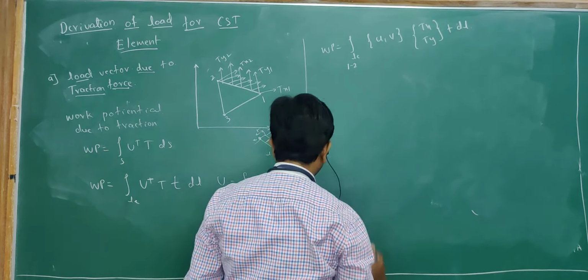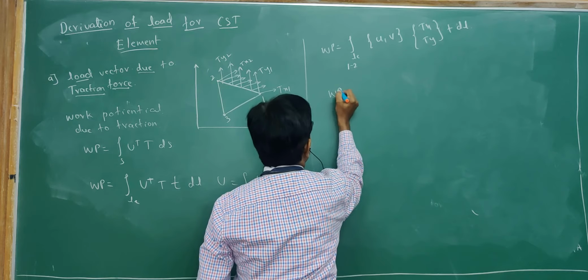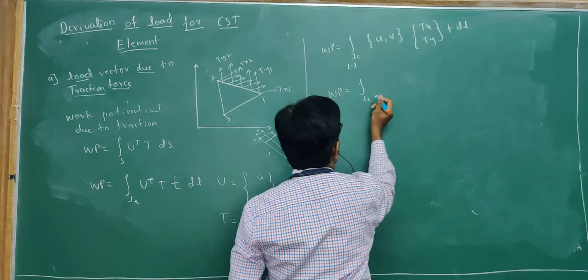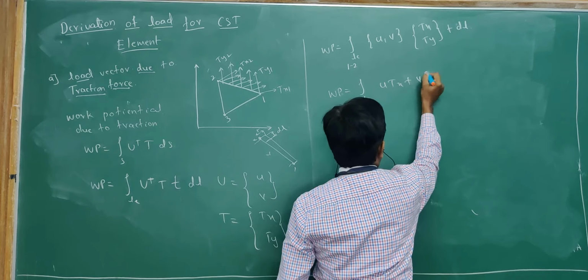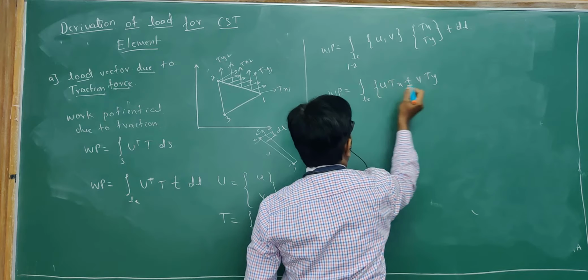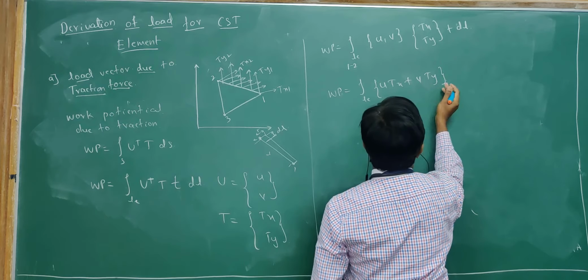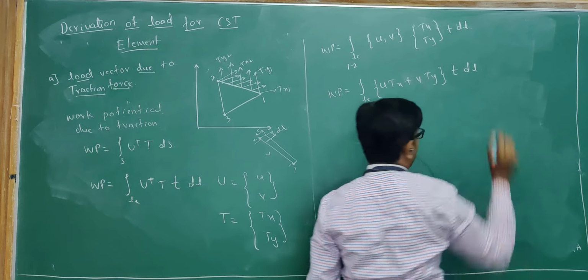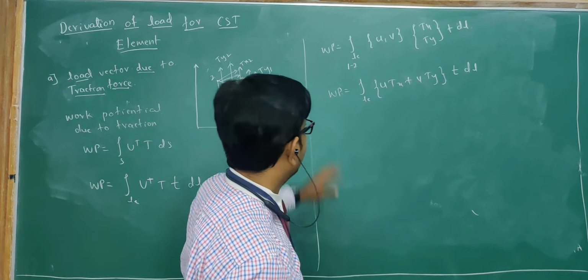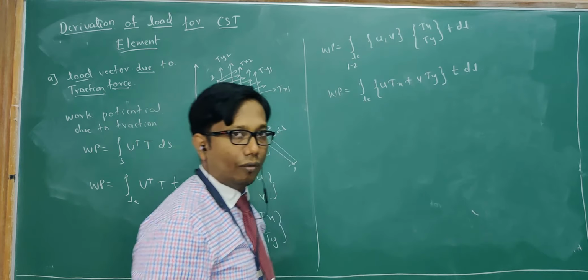If you multiply that, the work potential is given as u into Tx plus v into Ty, times t times dl. We have just done the multiplication of both the vectors.